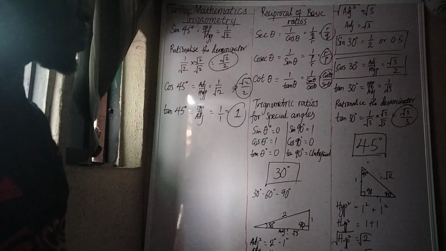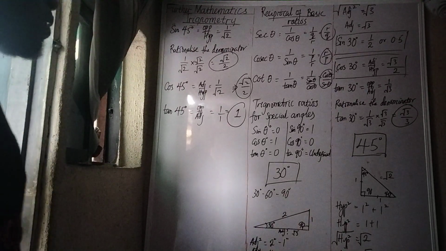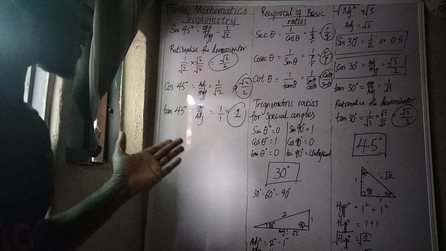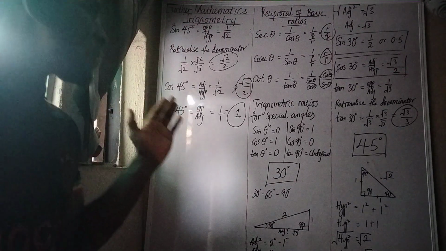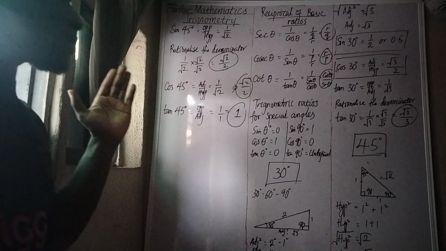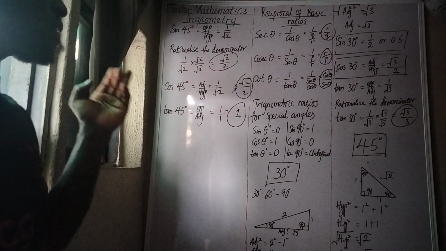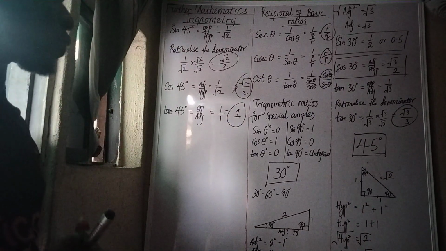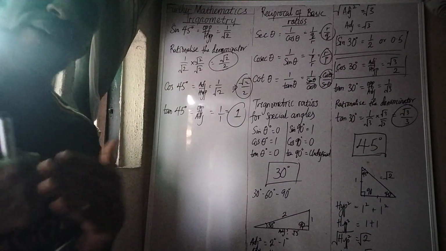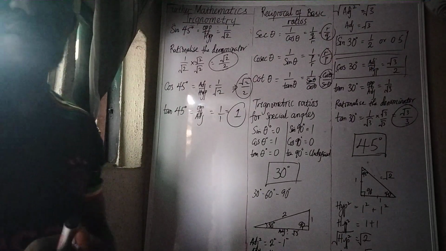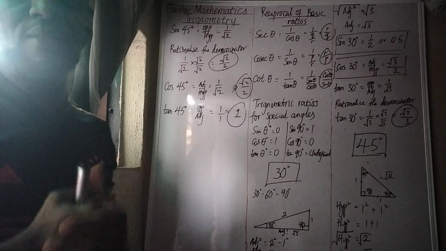So far so good. We have come across the special angles, and we have treated sine theta, sine 90, cos theta, cos 90, tan theta, and tan 90 and their values. We have also talked about 30 degree special angles. You know the value of cos 30 degrees, sine 30 degrees, and tan 30 degrees.